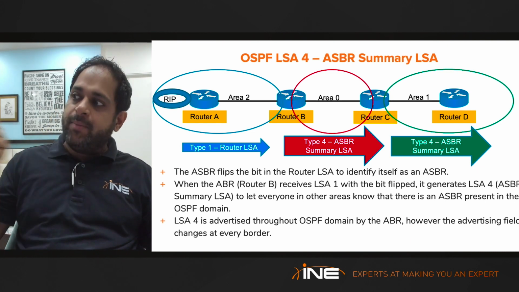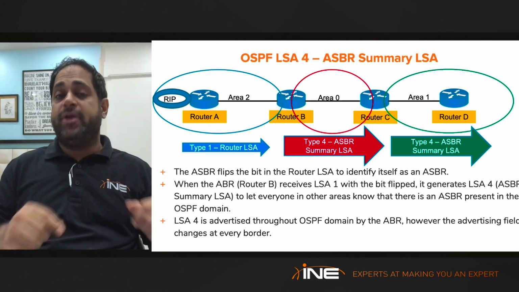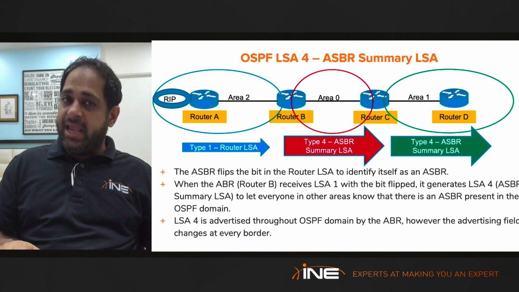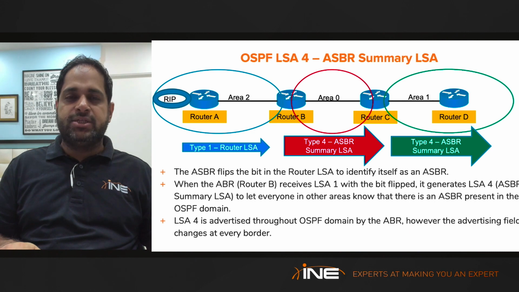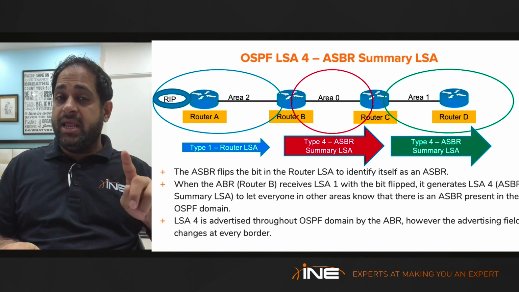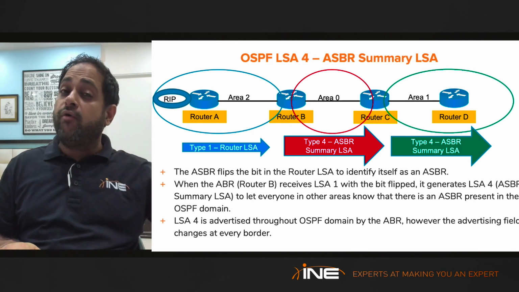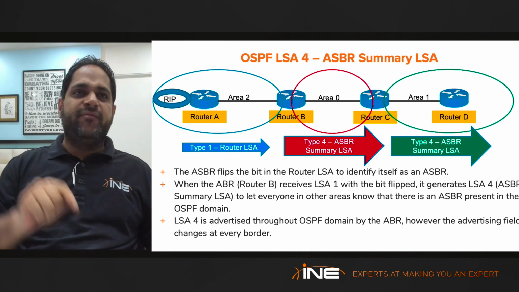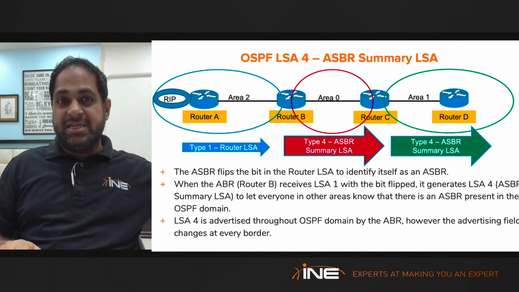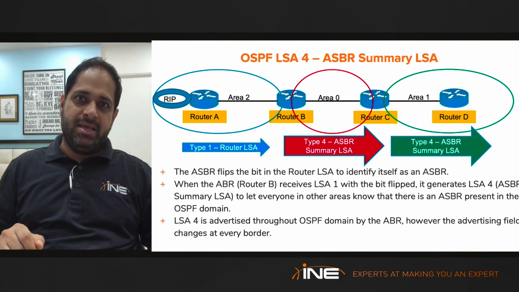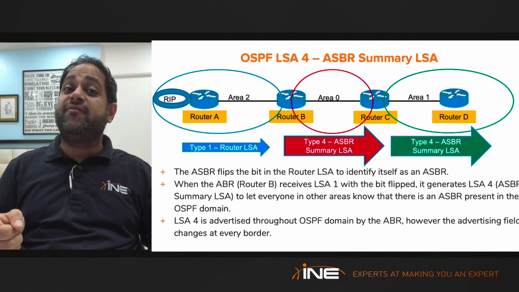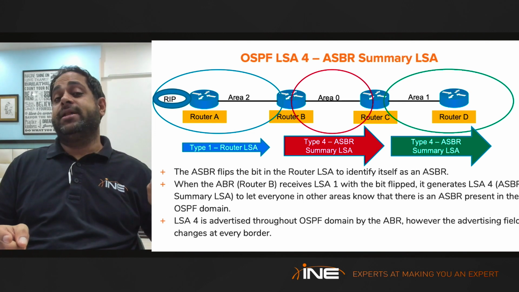So when B gets to know that, he generates LSA 4, the ASBR summary LSA. Remember, the ASBR summary LSA is not an update. It is the router ID of the ASBR. That's why, if you look at this diagram, I have a type 1 LSA coming from router A to router B. I'm not talking about the prefix of RIP right now.